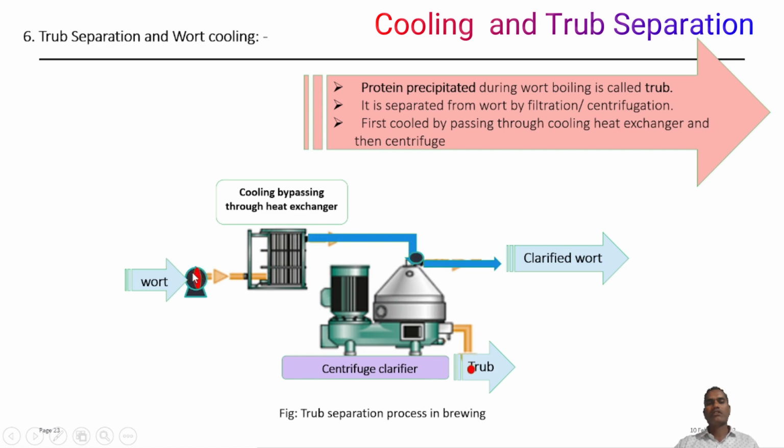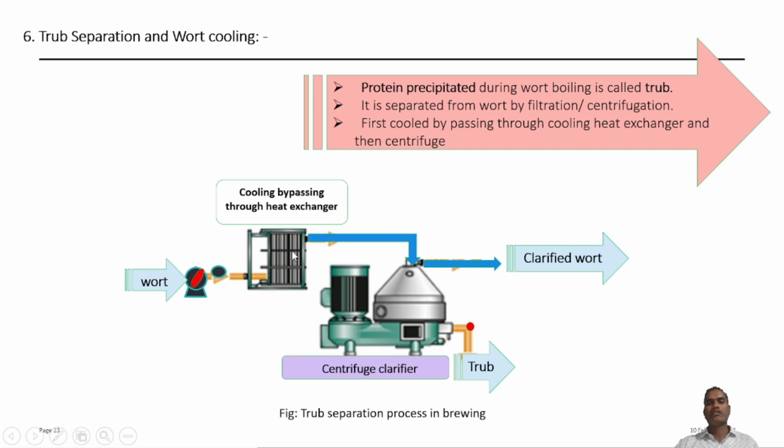The wort first passes into the chilling heat exchangers to chill, and after that the protein particles and other sediment particles are separated by centrifugal clarification or filtration. The clarified, chilled wort is then aerated and passed into the fermentation process.